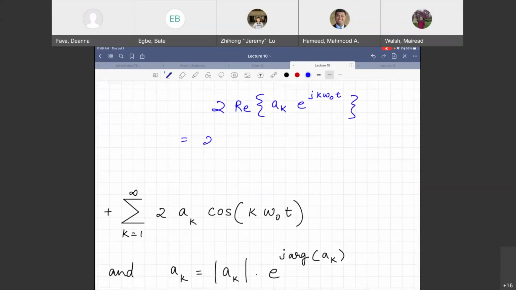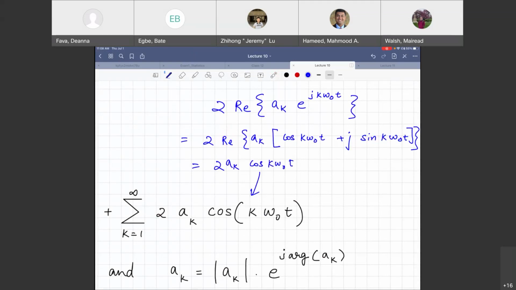This equals what? 2 times real part of ak times cosine k omega naught t plus j sine k omega naught t. When you multiply it out, what do you get? This part cancels out because of the real operator. You get 2 ak cosine k omega naught t. That's what you have over here. Yeah?